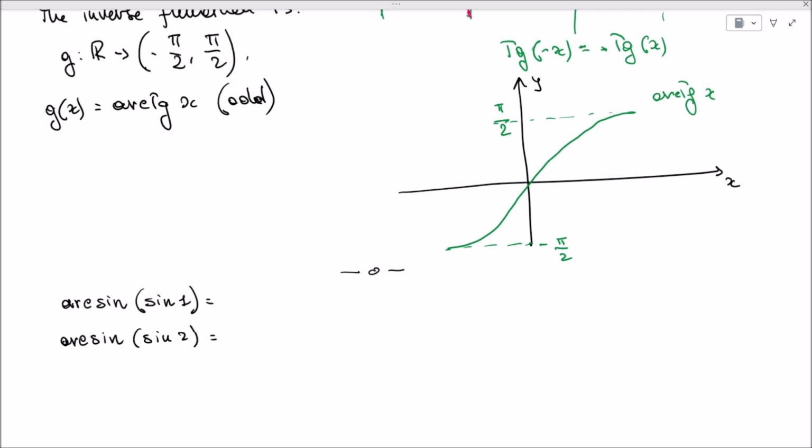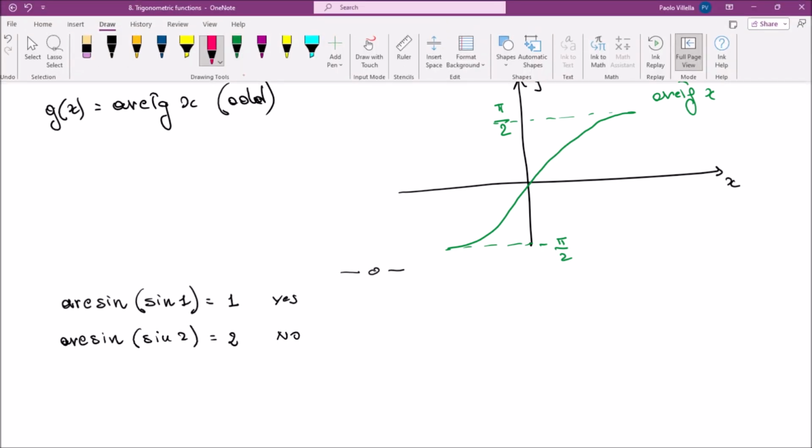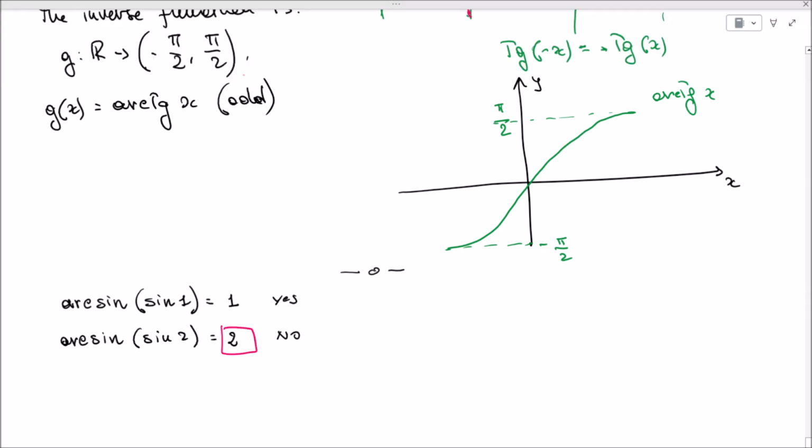One might be tempted to answer 1 to the first and 2 to the second because we are just applying the inverse function to the function itself. Arc sine is the inverse of the sine, so this will give me back 1, and the second, for the same reason, will give me back 2. However, the first one is correct, the second one is not. This is a big mistake.